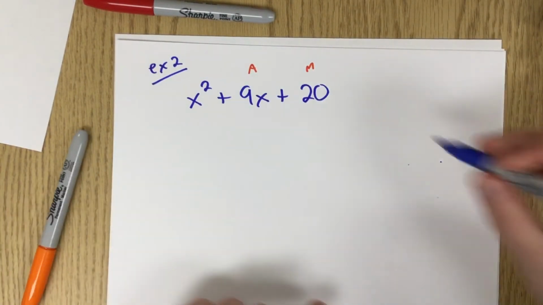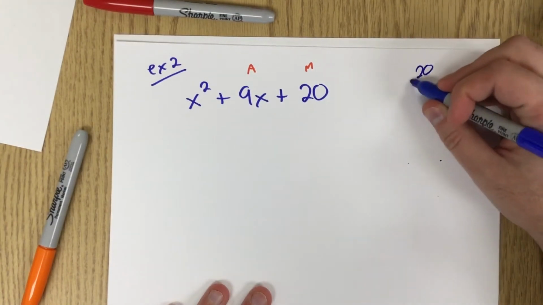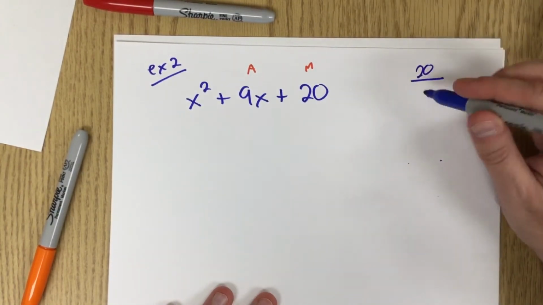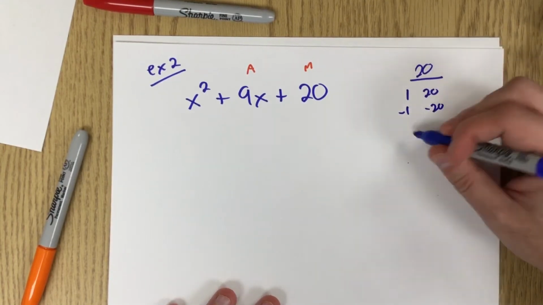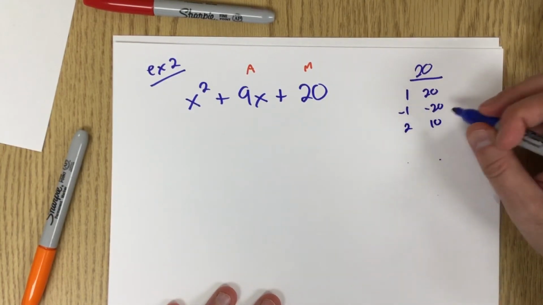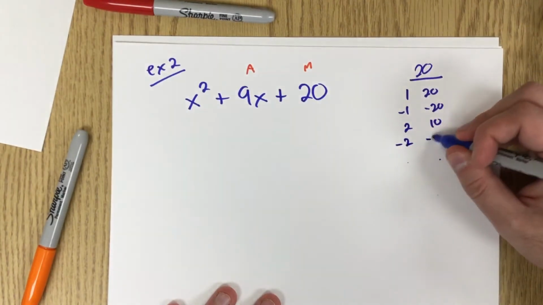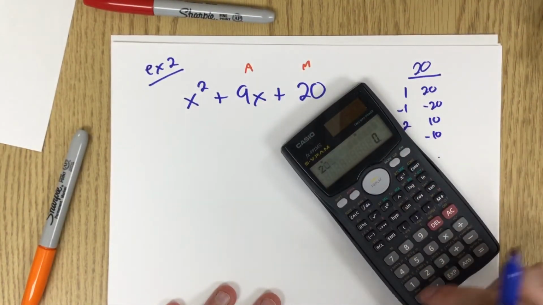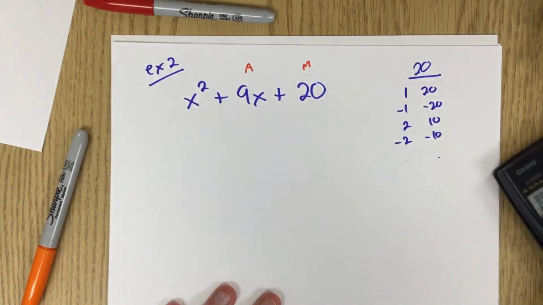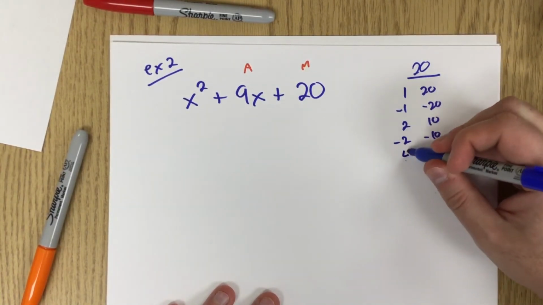So I'm going to see which numbers multiply to 20. It's going to be 1 and 20, negative 1 and negative 20, 2 and 10, negative 2, negative 10. 3, does 3 go? Let's say we're not sure. We could go 20 divided by 3. Nope, that doesn't go. 4, yep.